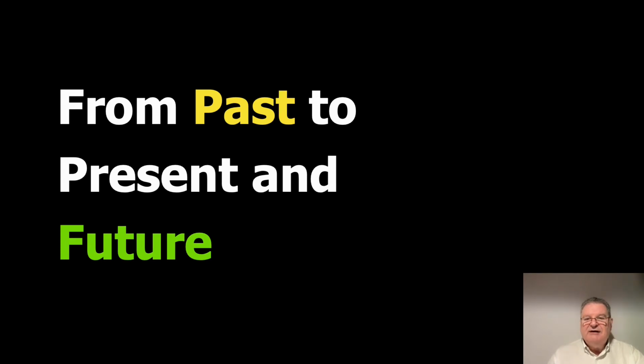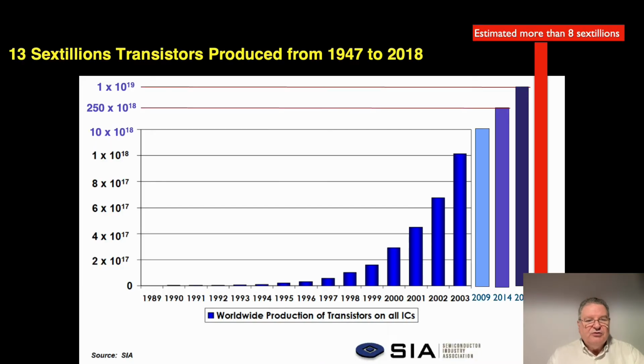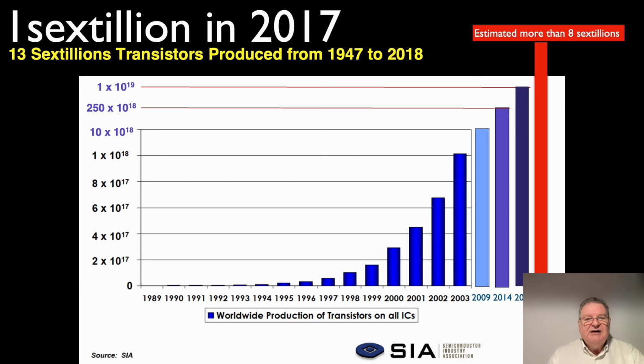But now we have a major point that allows us to really move to a new layout strategy. For example, nowadays, in 2022, it is estimated that about 86 trillion transistors are produced in the world.